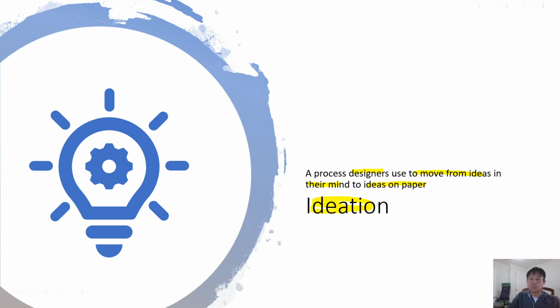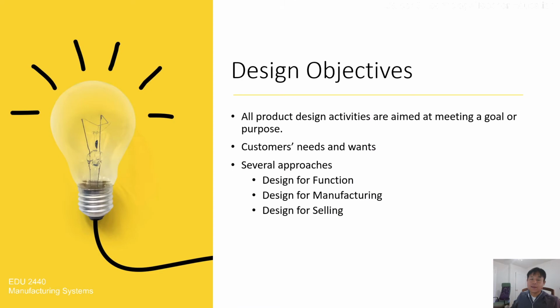So that's why we need to take that idea and realize it in the form of a design. That is ideation. Usually we do writing on paper or sketching. That is ideation defined.